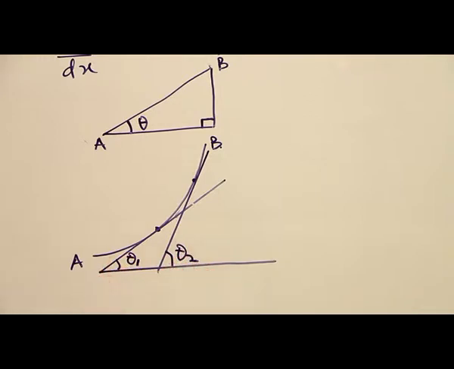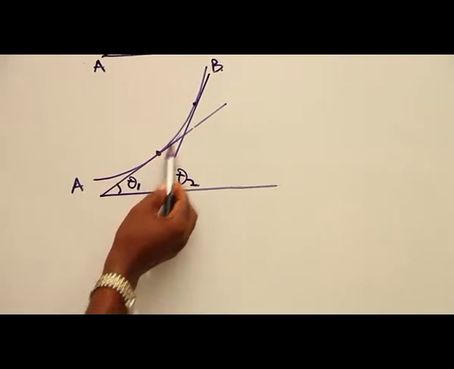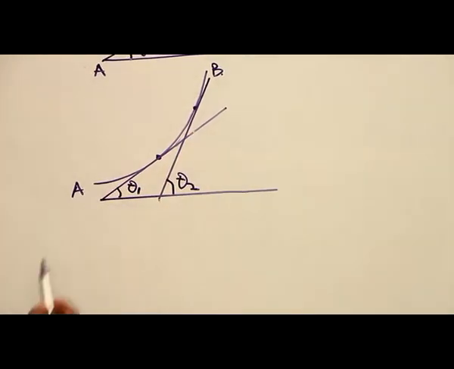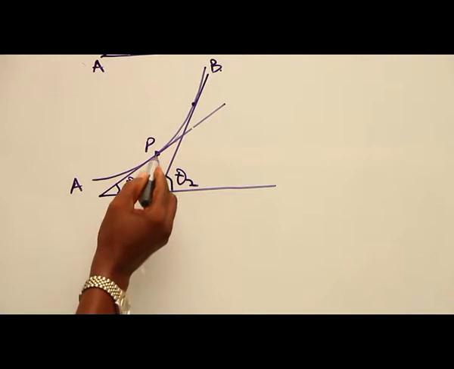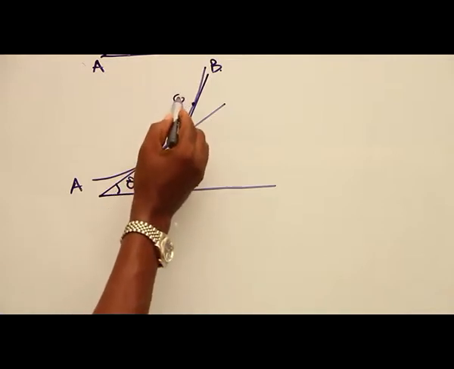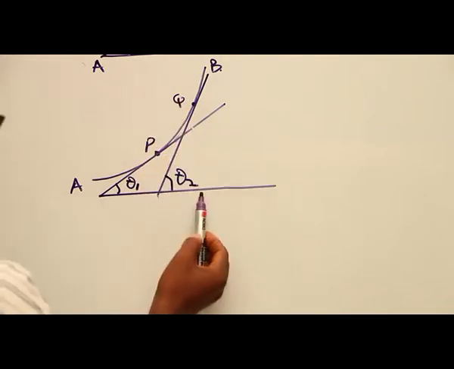And you know that these angles are not equal. Hence, we are saying that the gradient at any point on a curve is not the same all over the curve. So the gradient at this point, P, is equal to tan theta 1, while the gradient at this point, Q, is equal to tan theta 2, and they are different.